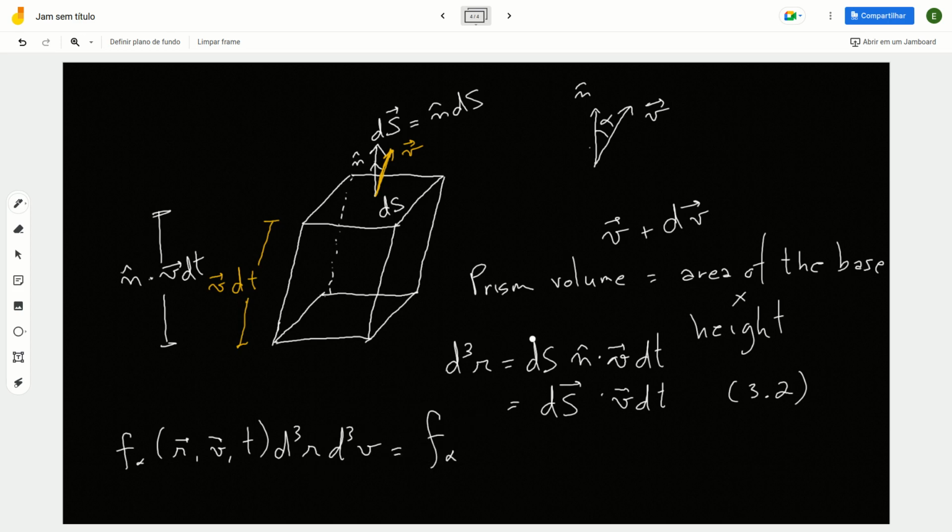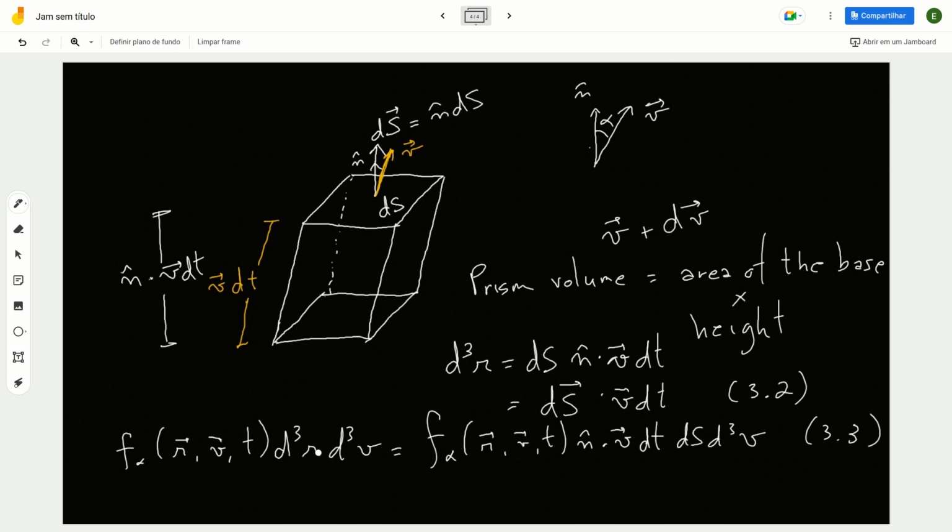Well, I can use now this definition in place of here. This is n v dt ds dv. Okay, I'm using 3.2, and this is 3.3.